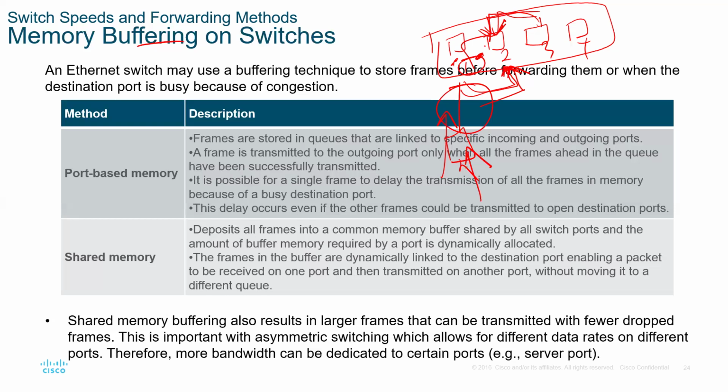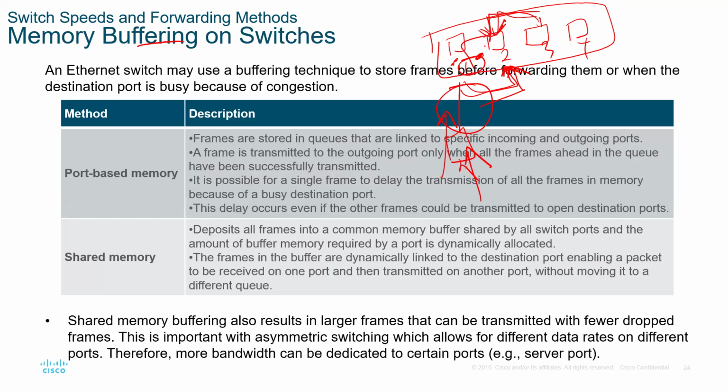Now, with buffering, we have 2 mechanisms that are used to handle situations where a port is busy, for example, or when a switch needs to process the frame, like process here, store and forward. It stores, processes, then forwards. Where is it storing?